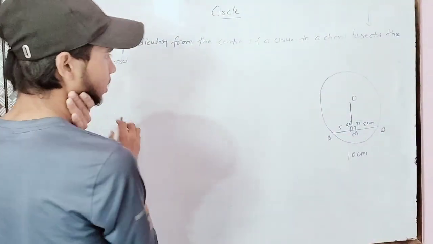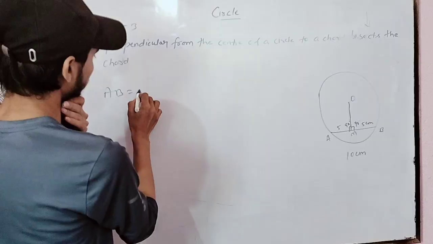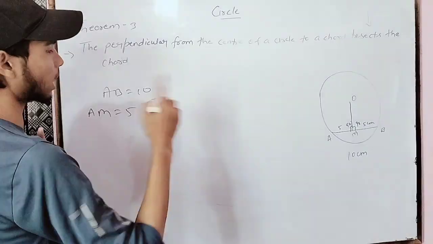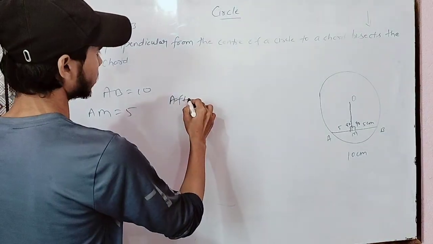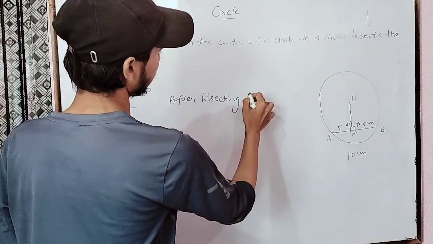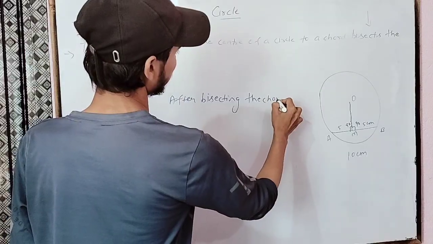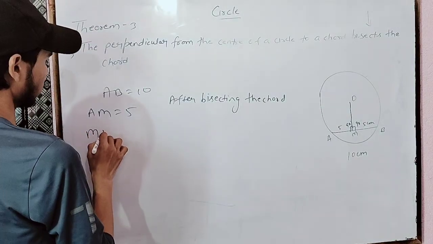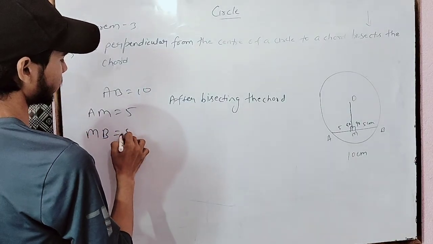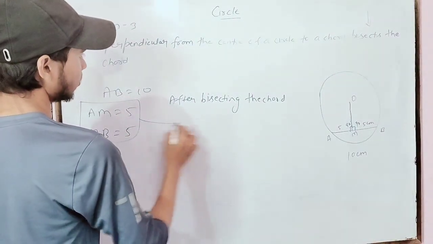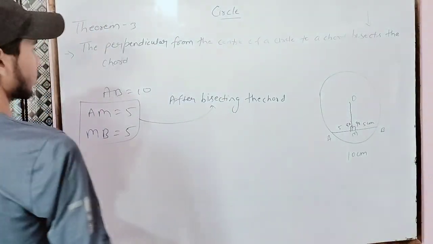So it is saying that if AB is 10 centimeter, then AM will be 5 after bisecting, and MB will become 5 centimeter. This is the meaning of bisecting.